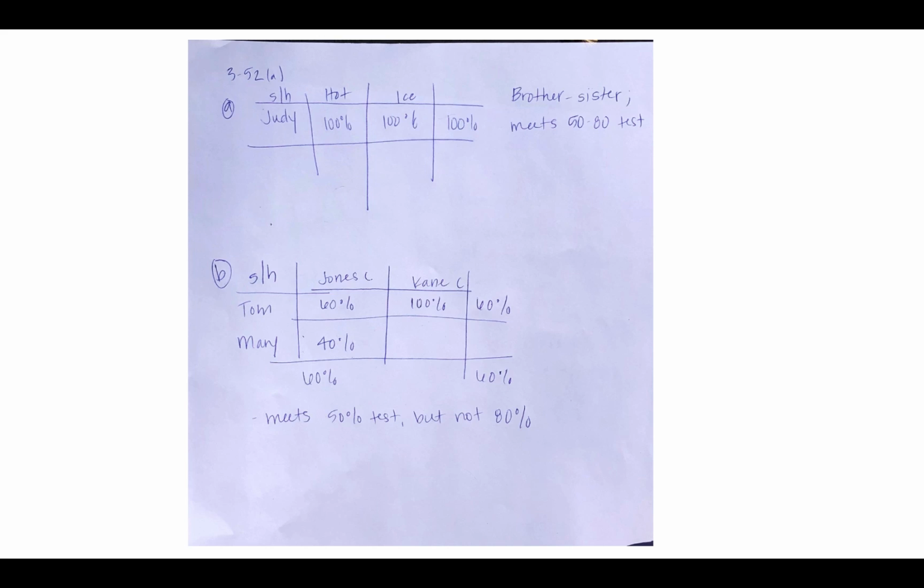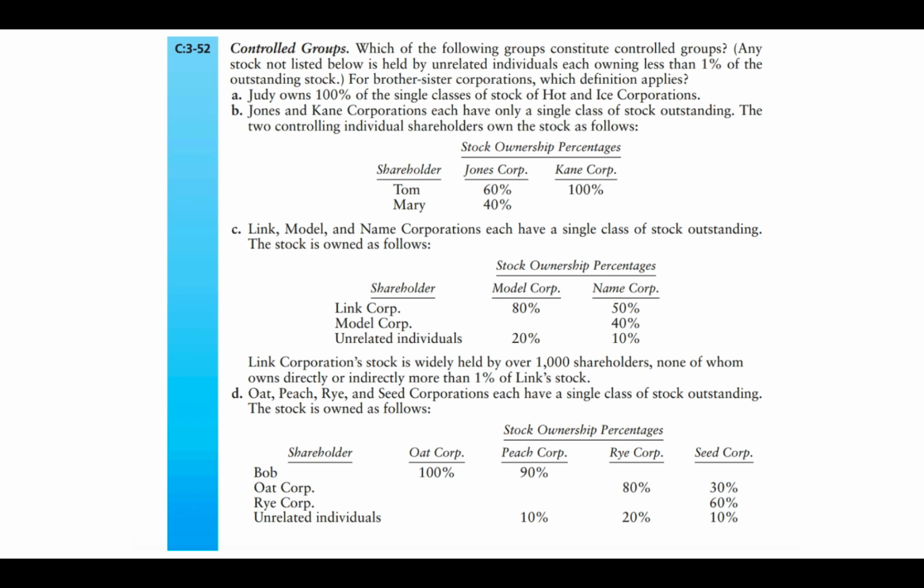All right, we have Link, Model, and Name. Link owns 80% of Model directly. Link owns 50% of Name directly, and Model owns 40% of Name directly.